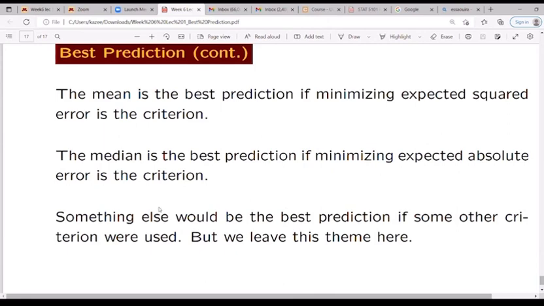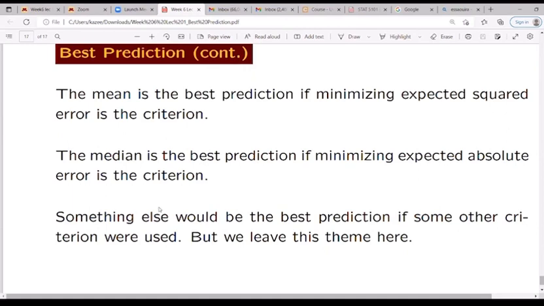And what would be the best prediction if some other criteria were used? What you can consider the best prediction depends on the criteria and the situation of your data set. Let me say that again. What would be the best prediction between mean and median? It all depends on the nature of the data set and the criteria you are using.